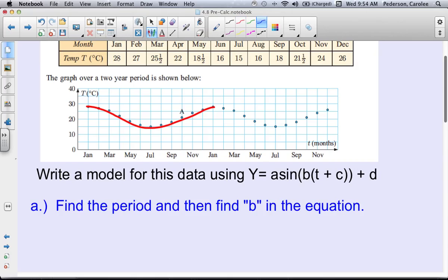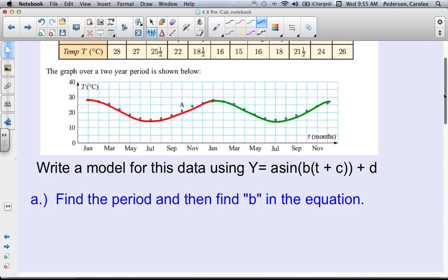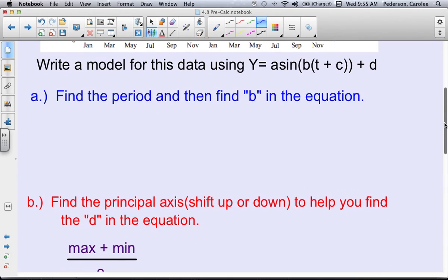And then there's another revolution starting in January to January again. So the period, the length of this revolution, is 12 months. So we're going to use that 12 months to find the b in the equation.